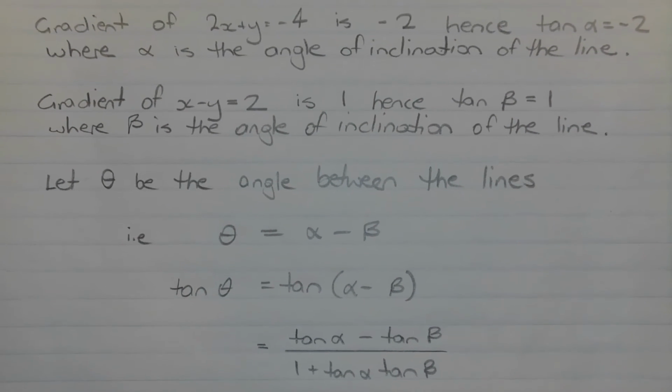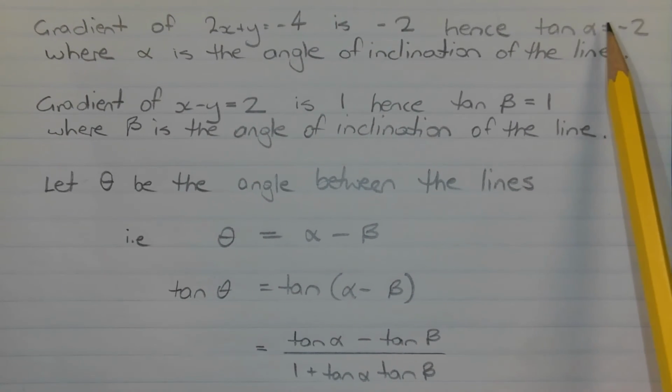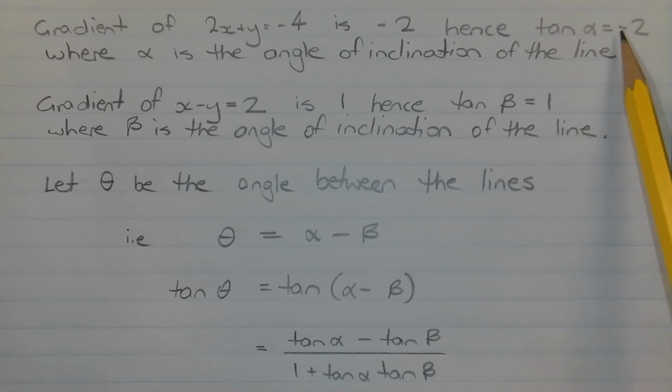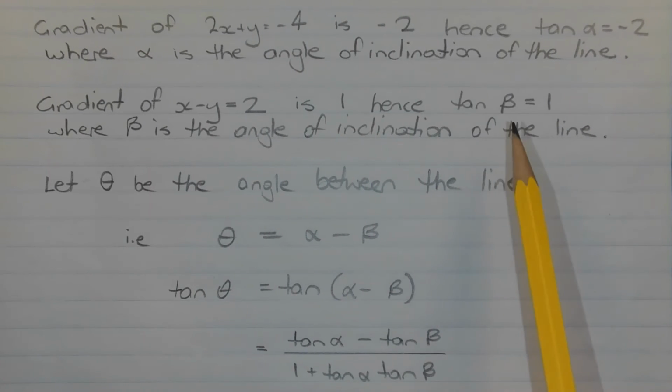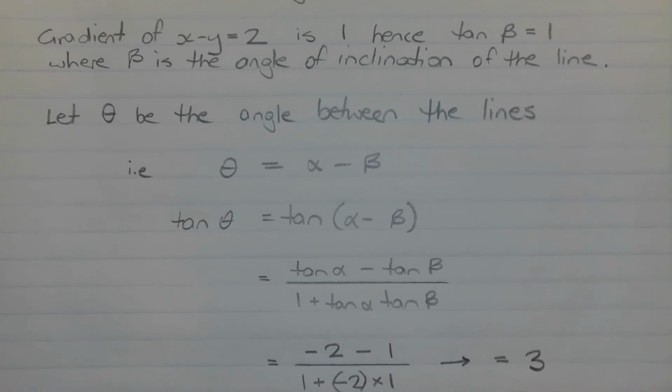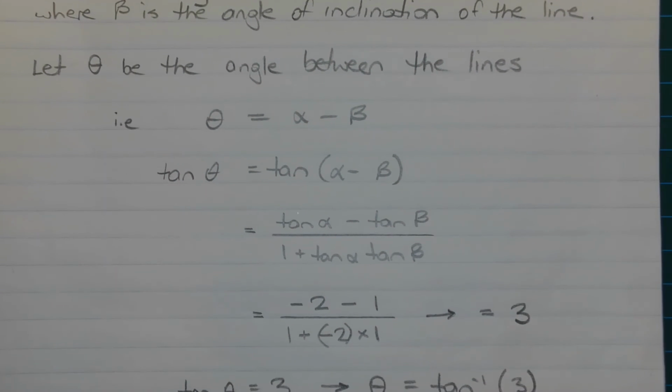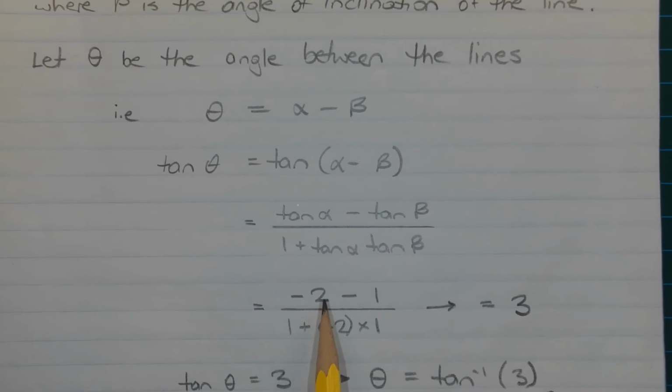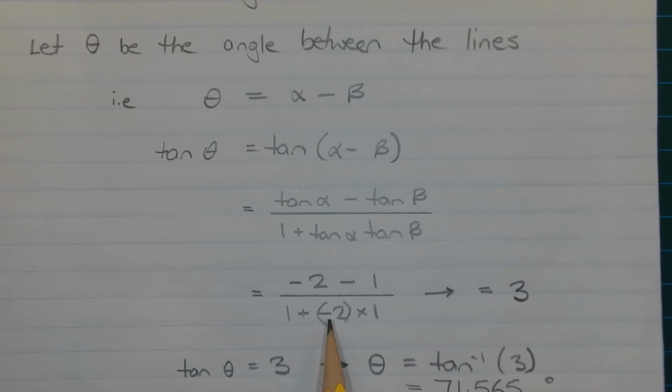If we go back, we have a definition for tan alpha, and that's -2. And we have a definition for tan beta, and tan beta is positive 1. So substituting those values in the right hand side of this equation, we get tan theta equals (-2 minus 1) over (1 plus -2 times 1).